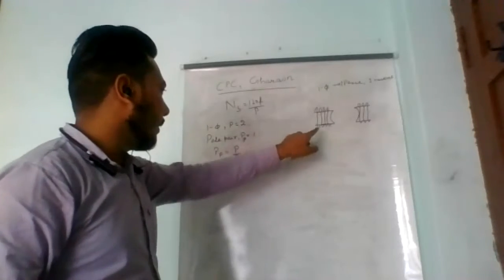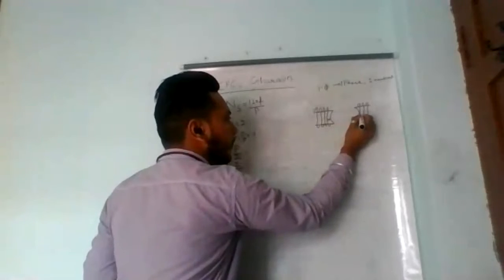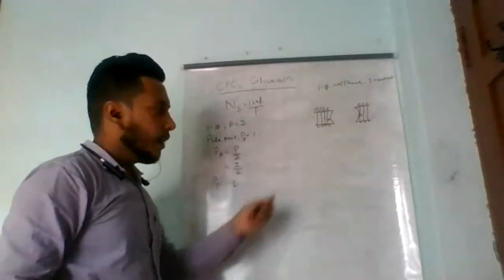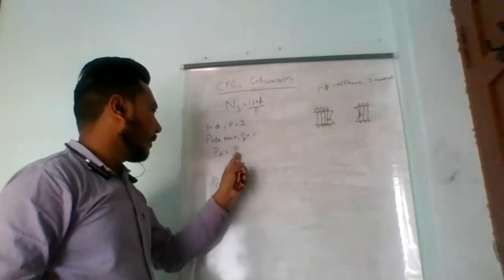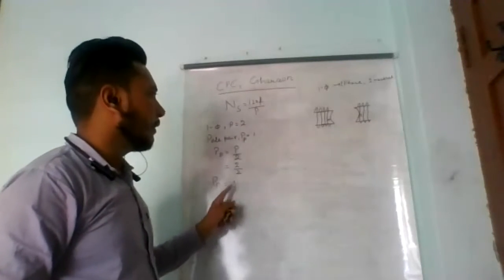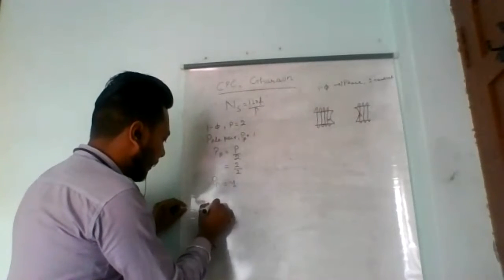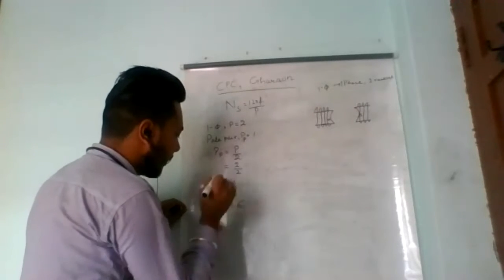As I discussed earlier, here pole pair is equal to 1. This is the north pole, this is the south pole. Pole pair is the number of poles divided by 2. Here the number of poles is 2, so 2 divided by 2 is 1. This is one pole pair. And for 3 phase, the number of poles is equal to 6.